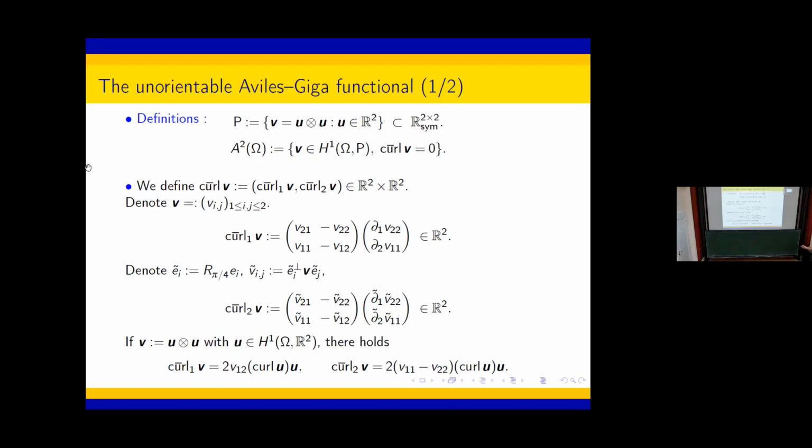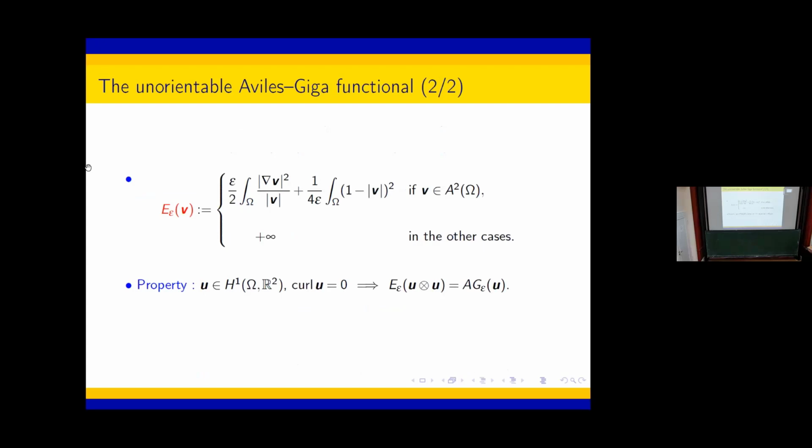And it vanishes if and only if the curl of U vanishes. So this gives me a meaning to curl-free non-oriented vector fields. The purpose is just to have a definition, a way to say this is a curl-free non-oriented vector.